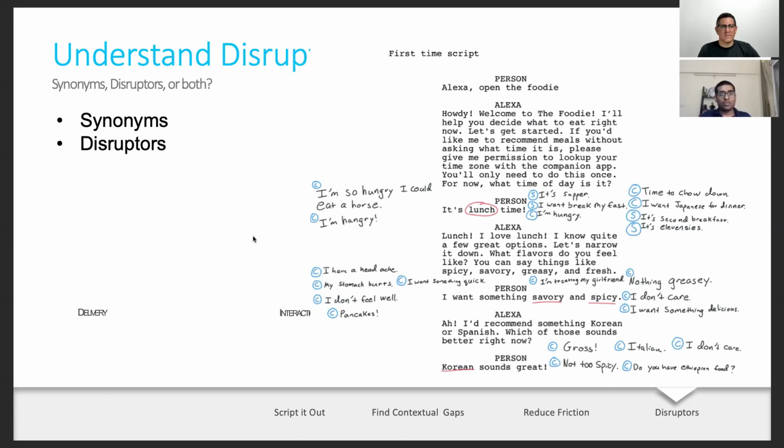But the most important thing is that you've taken a step toward disassociating yourself from how basic apps are built and thinking of a voice-first experience for users, right? And that's where we wrap up and say, hey, now that you've got the script, your happy path, and your synonyms and disruptors, this is where you start to do the situational design.